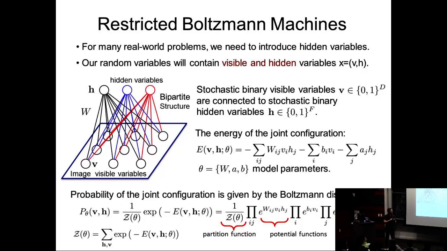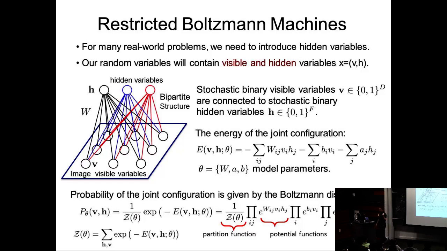If Vi takes value 1, Hj takes value 1, and Wij is positive, then that configuration is more likely; it contributes to positive probability. If Wij is negative, then it's saying I don't like this configuration. The probability of the joint configuration is again given by the Boltzmann distribution.